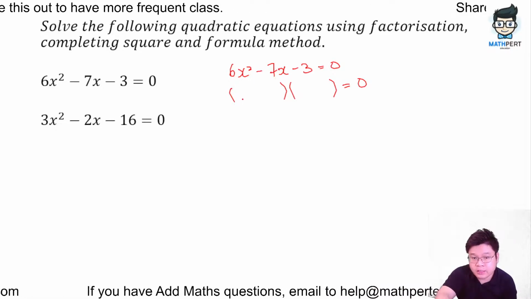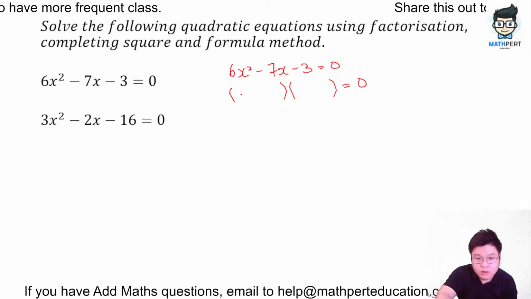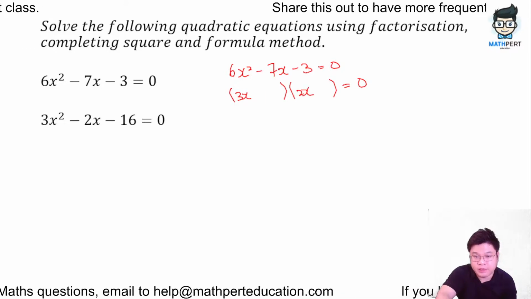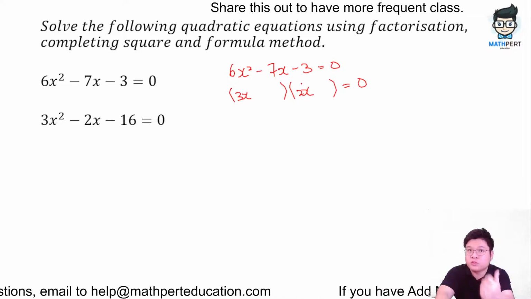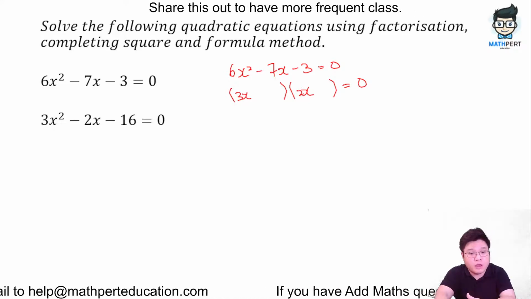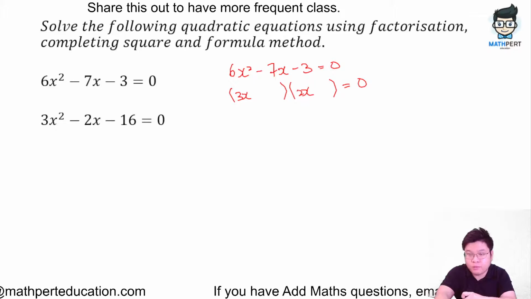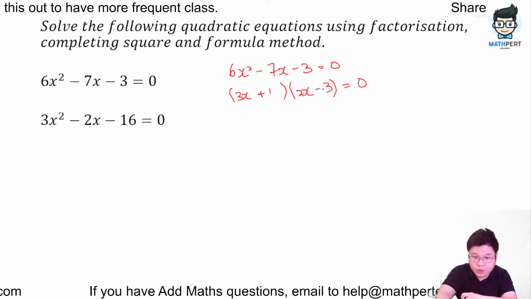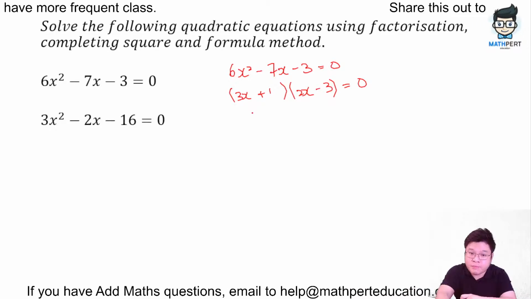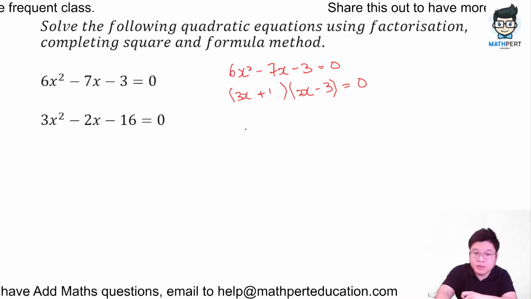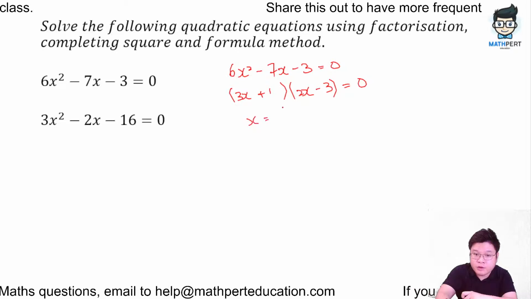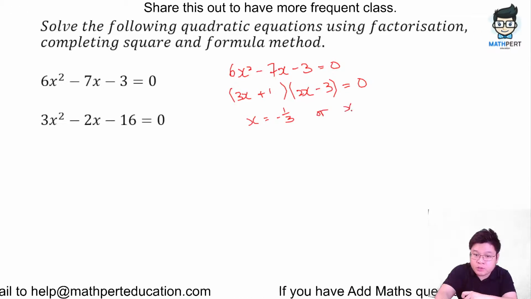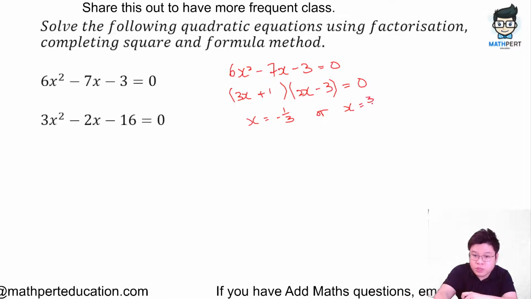In this case, I will use 3x and 2x. And then for negative 3, I can use negative 3 multiply 1, or 3 multiply negative 1. In this case, I will use this. When you expand it, you will get back the same expression. So x will be equal to negative 1 over 3, or x will be equal to 3 over 2.